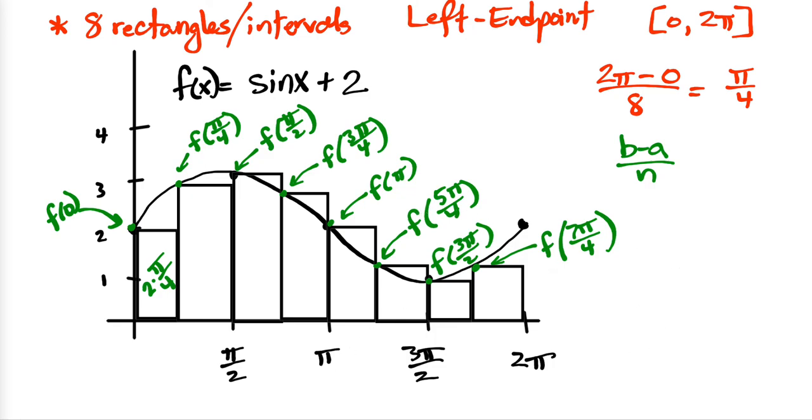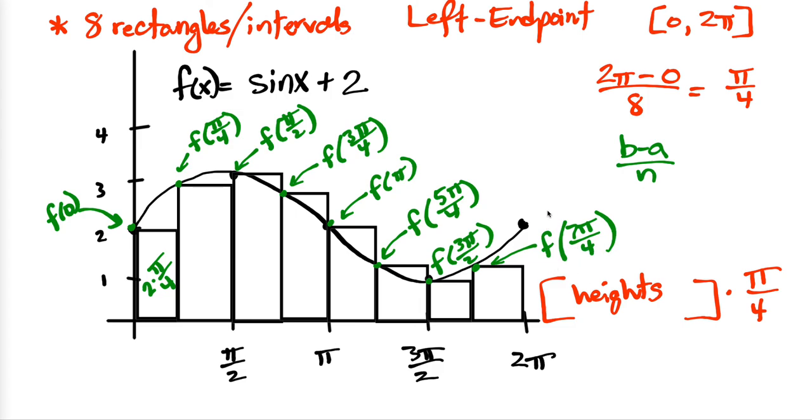So what ends up happening is you get all of the heights times pi fourths. So that's one slight shortcut that can help you. If you have even intervals, you can hold off that times the interval until the end.